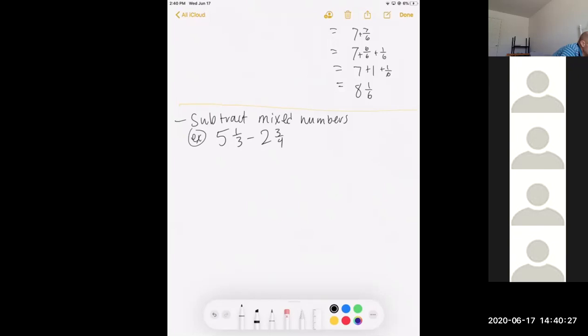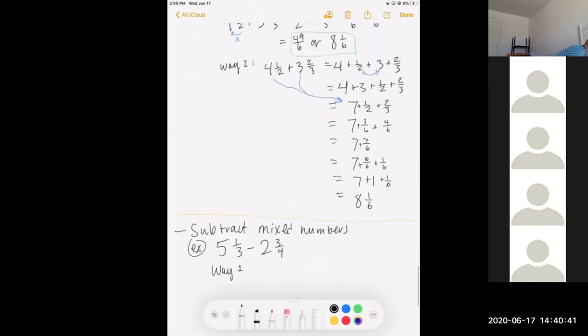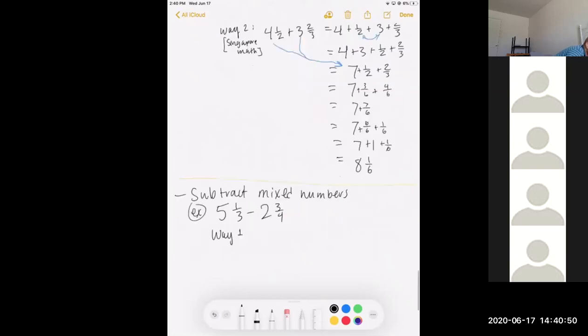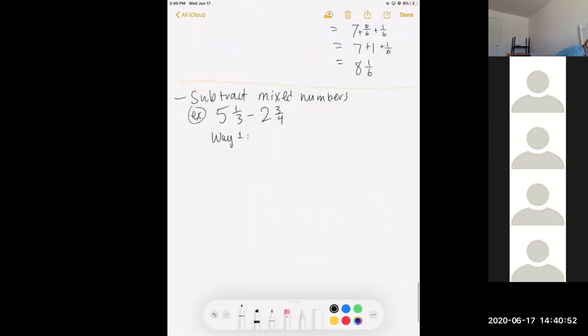And so we need to do some regrouping in order to handle that. But first, the standard algorithm says we convert to improper fractions and just subtract that way. So way number 1 is this standard algorithm.